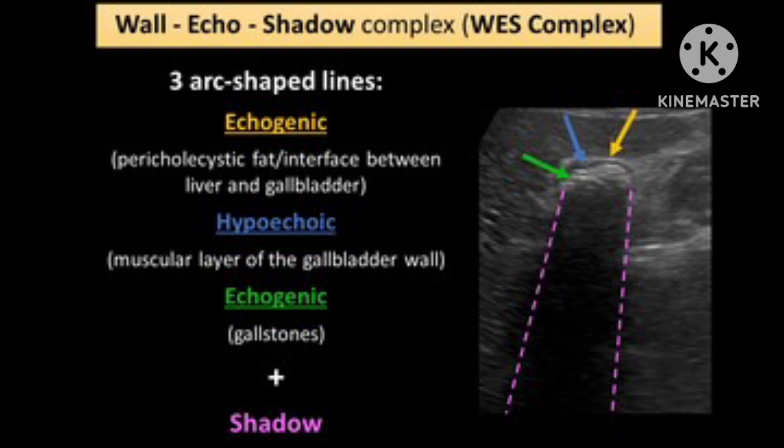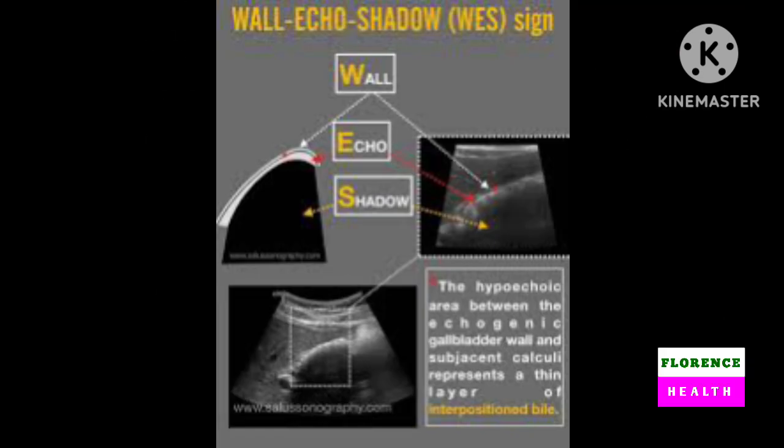The WES, that is wall echo shadow pattern, is seen in case of gallbladder filled with multiple gallstones, that is gallbladder filled with impacted gallstones. WES complex means two parallel lines having a hypoechoic interface.